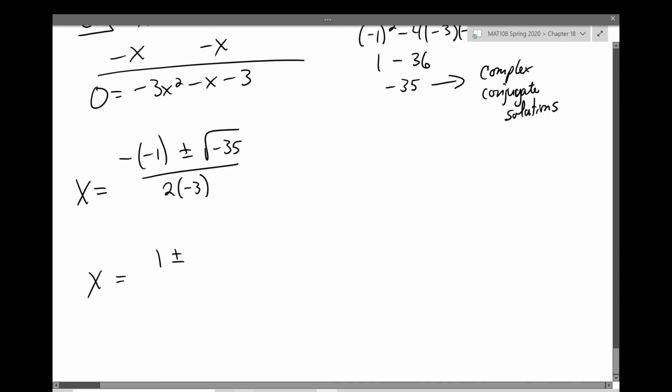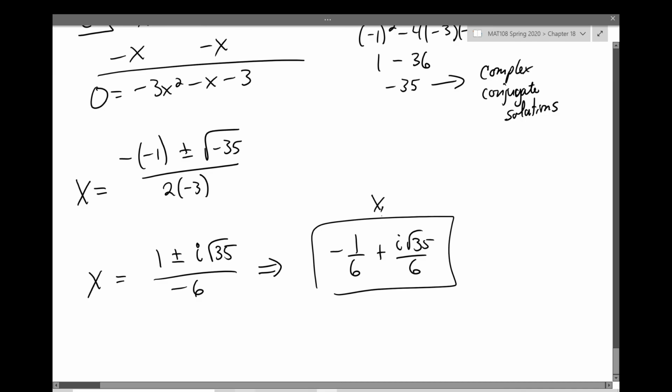Now let's simplify the square root of negative 35, and that's not that difficult. That's going to be i square root of 35 over negative 6. So our two solutions, negative 1/6 plus i square root of 35 over 6. That's your first solution, or negative 1/6 minus i square root of 35 over 6. And there is our second solution, okay?